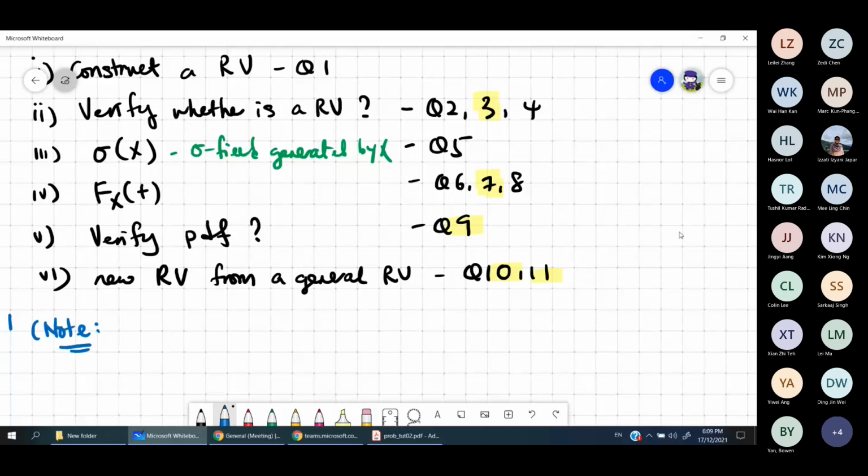Okay. First of all, let's say as usual, we have a probability space omega, a sigma field F, and we have a probability. Okay, so this is the sample space.